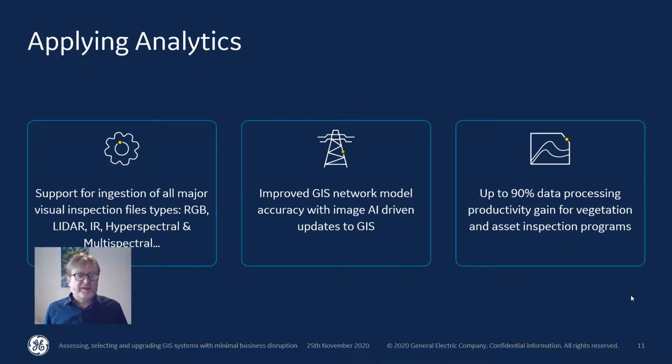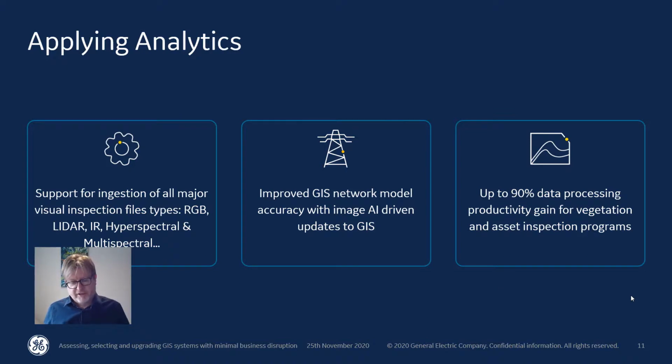And the goal would be, apart from resolving some of the business challenges about vegetation and asset inspection programs, to improve your GIS network model. So we've been working extensively with some customers on this, and one North American one, for instance, found as a side effect of applying those analytics that they had a correction to 30% of their structures modeled in the GIS due to feedback from that analytics platform.